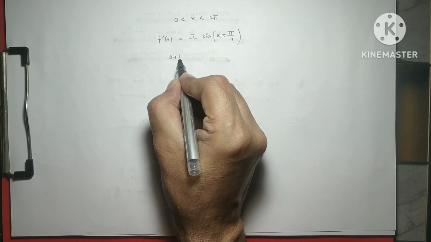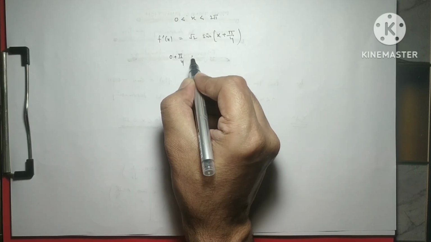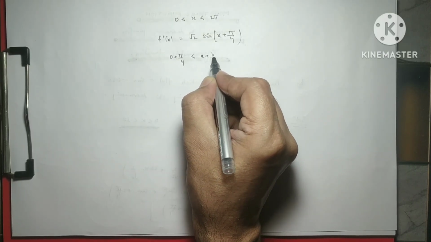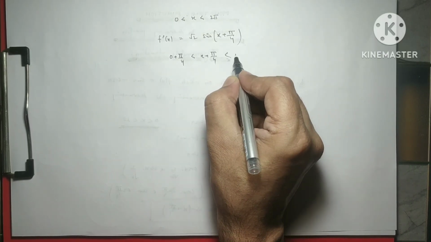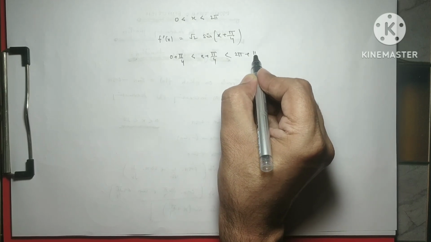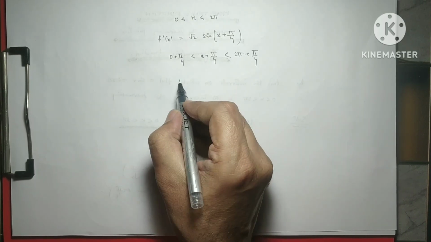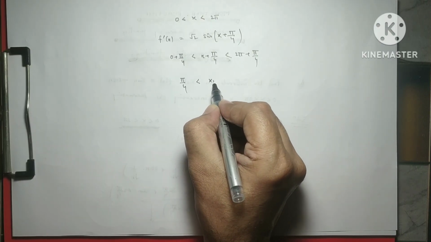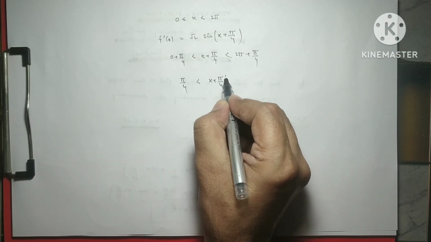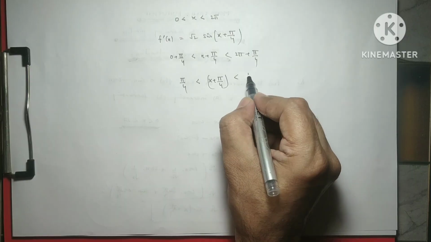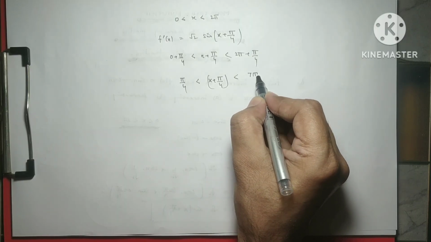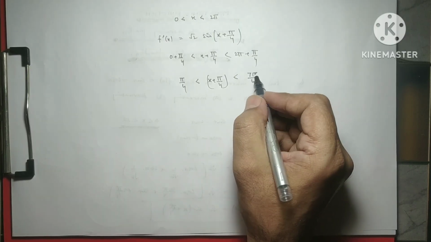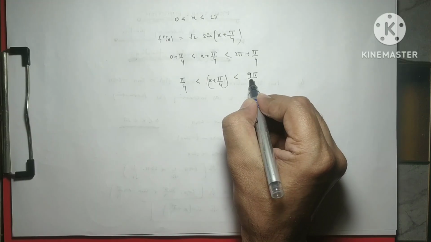We get 0 plus pi by 4, x plus pi by 4, and 2 pi plus pi by 4. So this becomes pi by 4, x plus pi by 4, and this is 9 pi by 4.